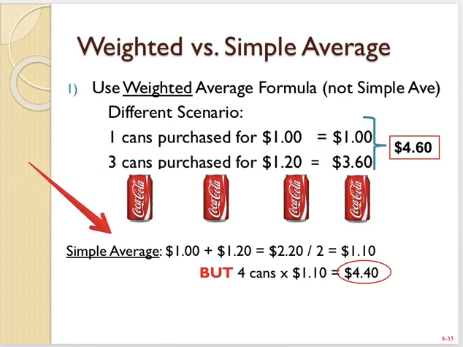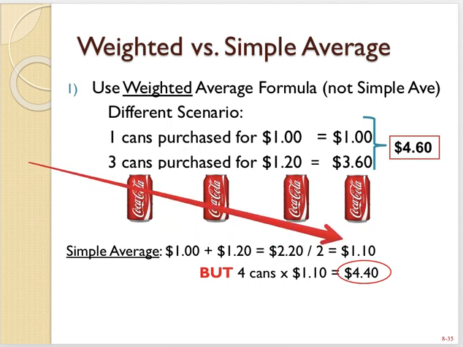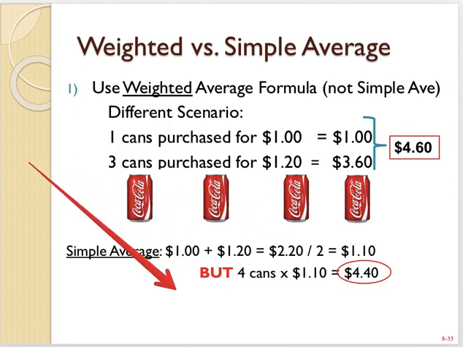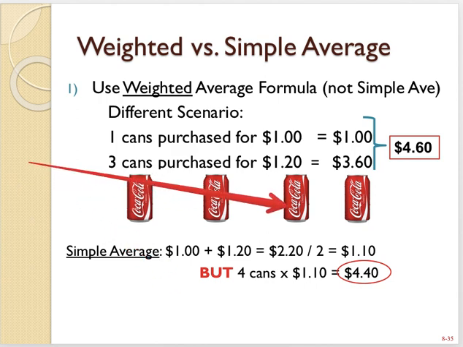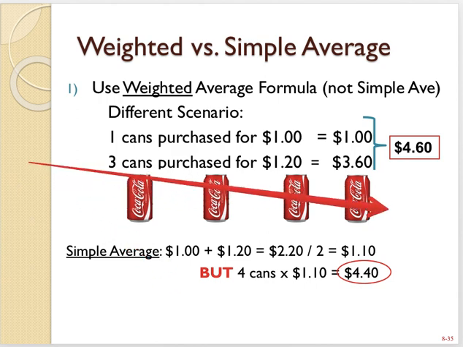Now, using a simple average, you might want to take this $1 and this $1.20 and calculate the average between those two. So we would do that. $1 plus $1.20 equals $2.20. Divided by 2 equals $1.10. But the problem with that is now if you figure out the value of all of those cans, because remember now we have 4 cans that all have the same weighted average cost.